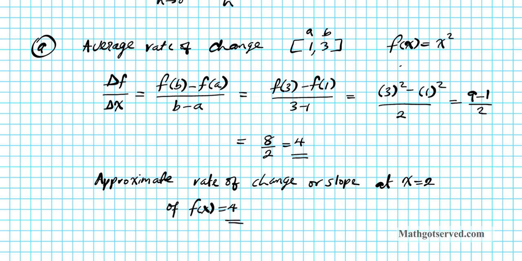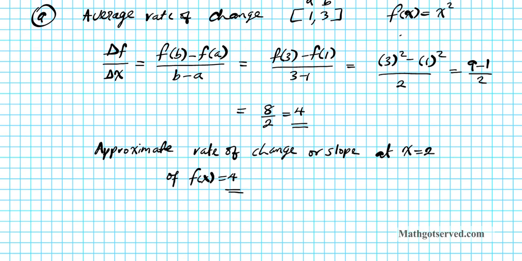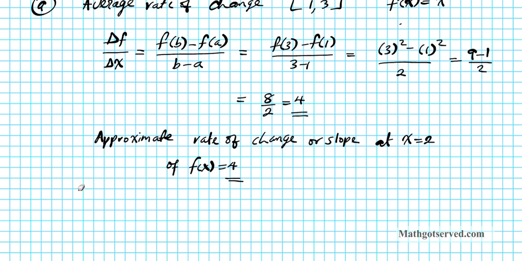Okay, so this is an approximation. It could be a good approximation or a terrible one, but it's just a secant line, so it gives us a general idea. For B, we would need to find the instantaneous rate of change now.